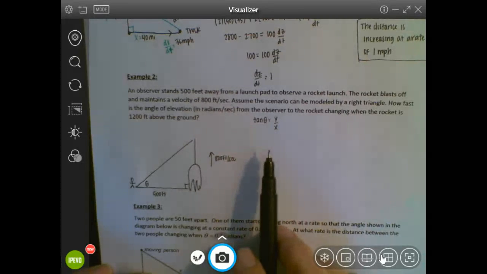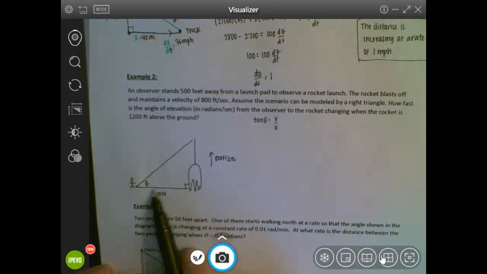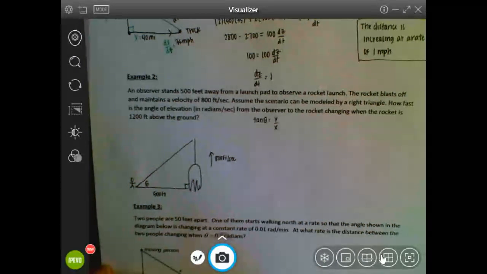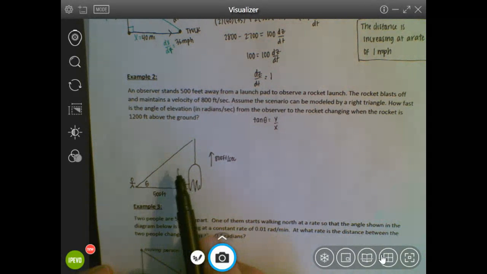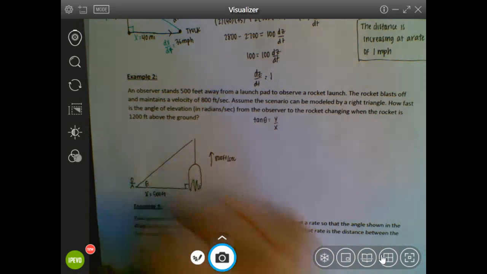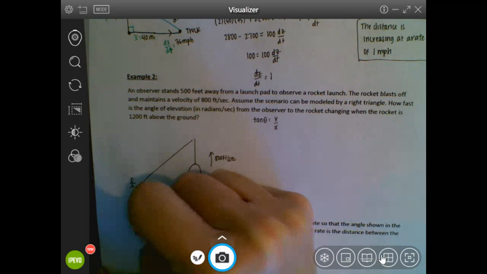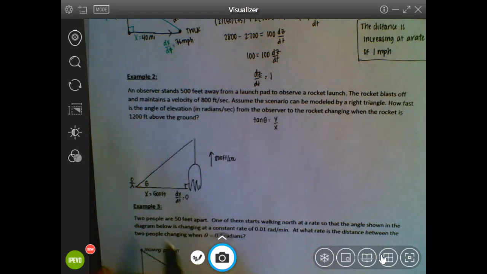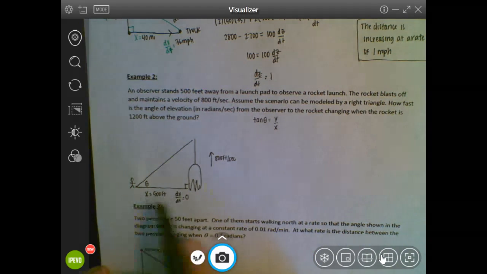And the nice thing is I know that this distance here at 500 is not changing. This person is standing here watching this rocket launch up in the air. So what I know right now is that x is 500, and I also know that dx dt is 0, because as the person is watching here, they're not getting closer to the rocket at all.